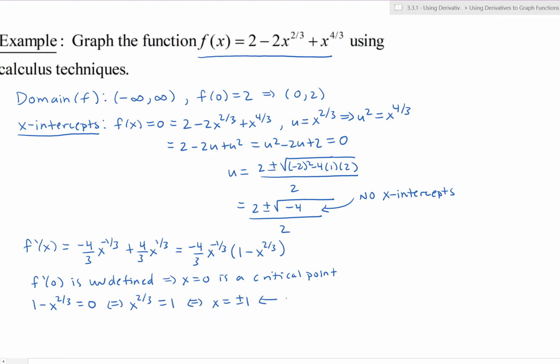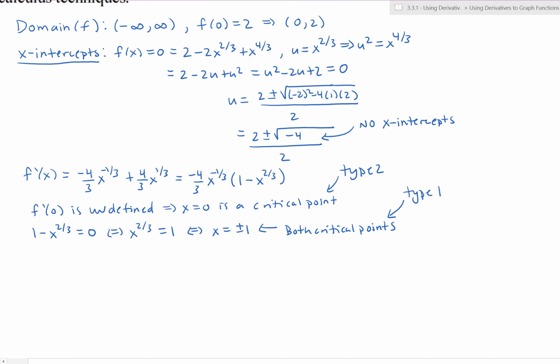So these are also both critical points, x is 1 and x is negative 1. Notice that x is 0 is a type 2, meaning that the derivative is undefined there, and then x is 1 and negative 1 are both type 1. So we'll keep track of these.